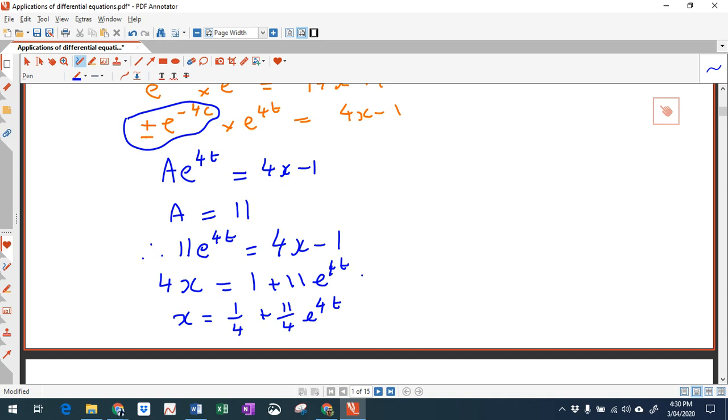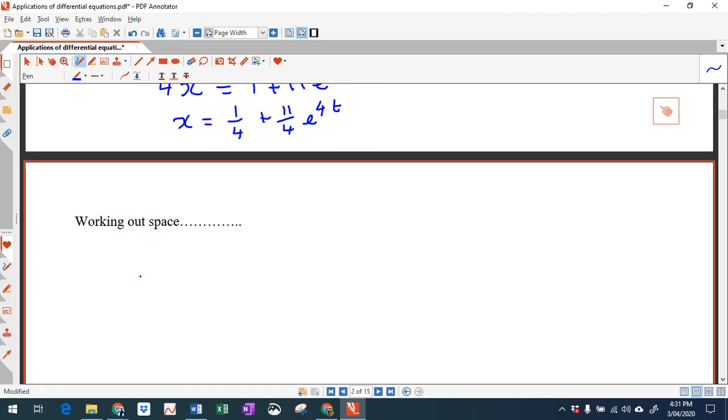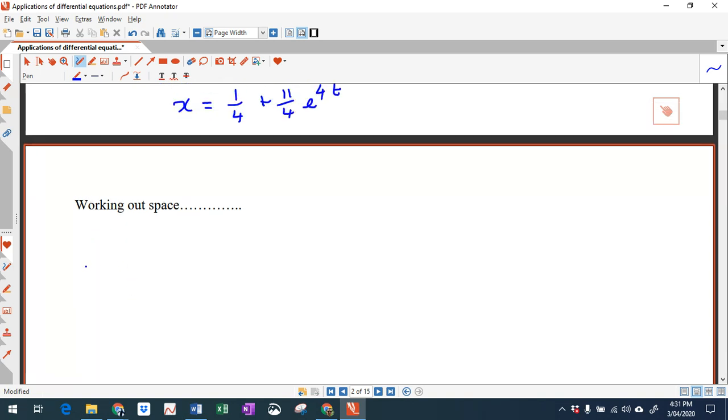Right, part B says find the exact displacement after 5 seconds. Let's have a look at that. For part B now, we've got our displacement equation just up the top of the page there. So we're just going to sub in t equals 5 into that equation.